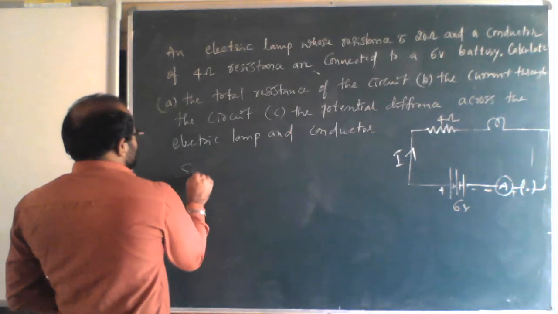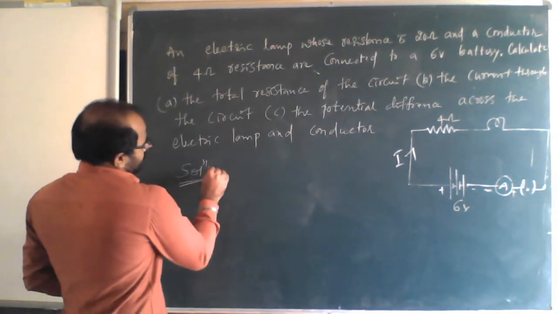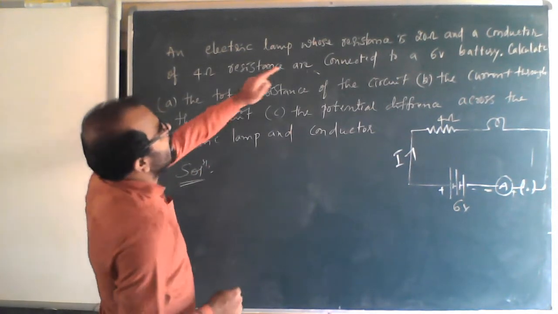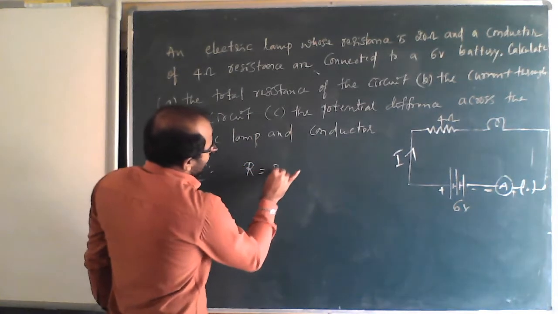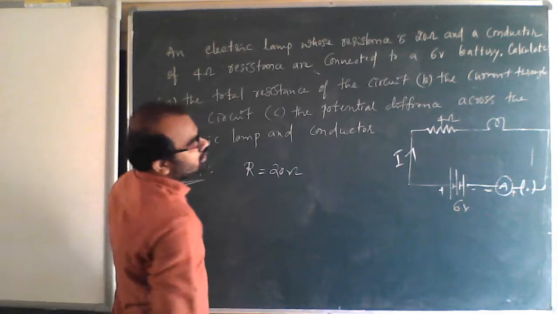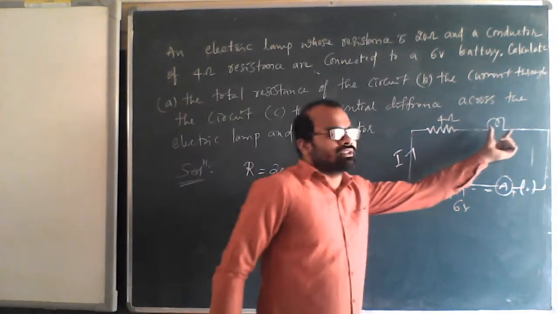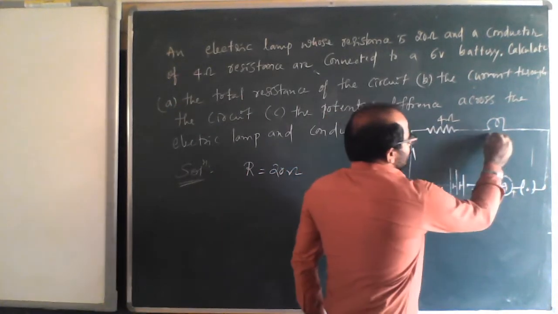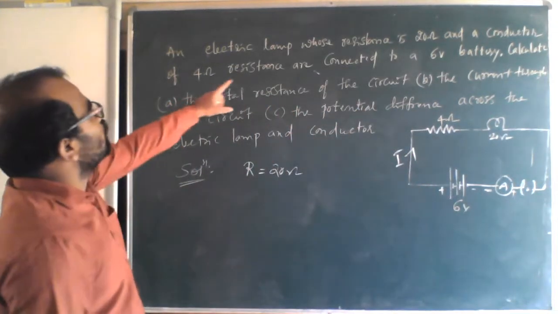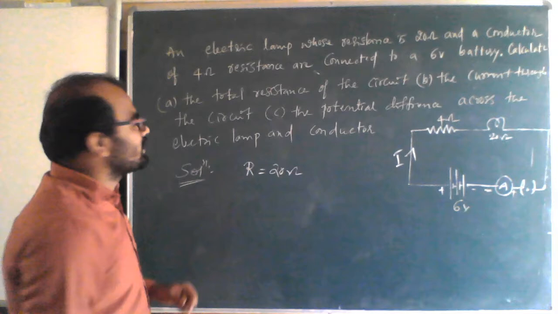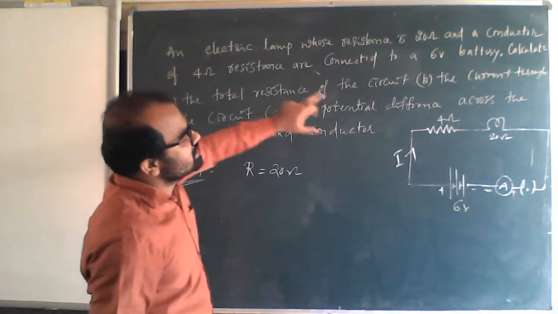So what is my solution here? What is given? An electric lamp whose resistance is 20 ohm. So resistance is given, R is equal to 20 ohm. The resistance of the bulb is 20 ohm. And a conductor of 4 ohm resistance.